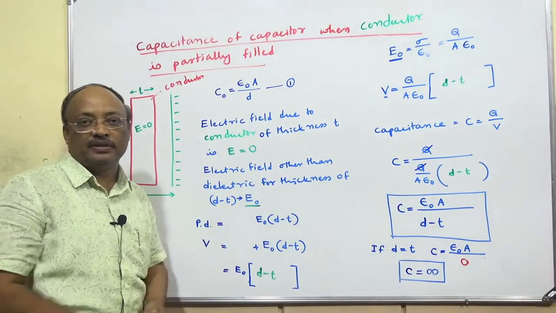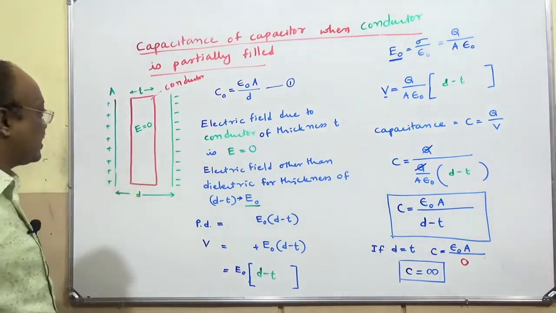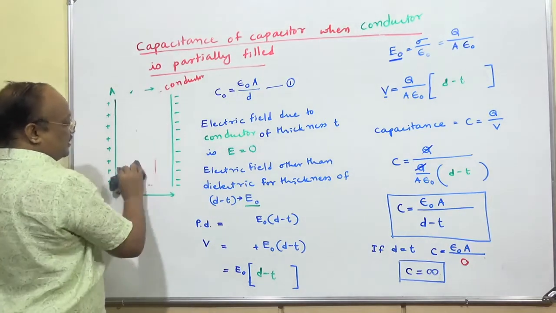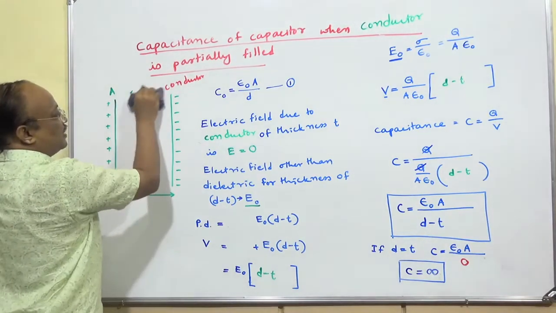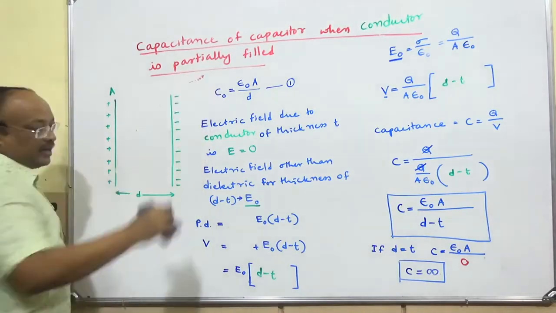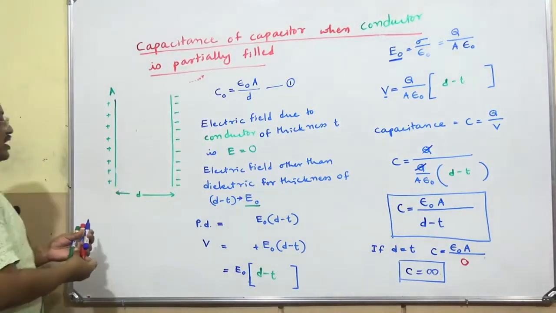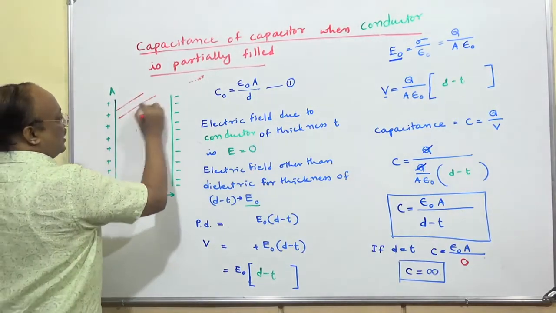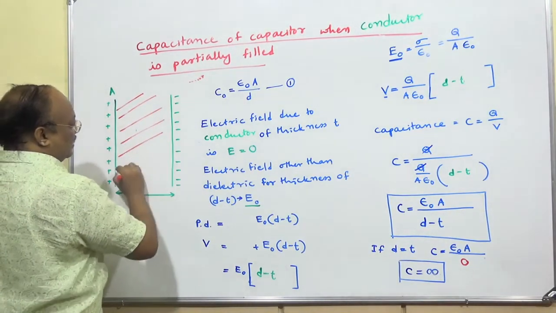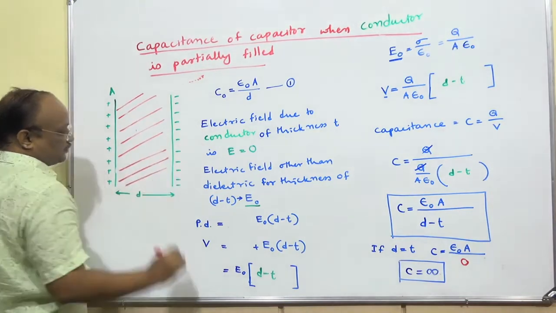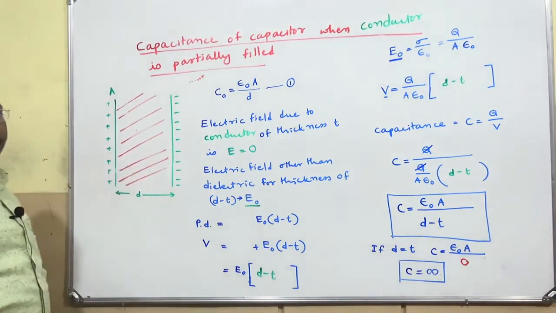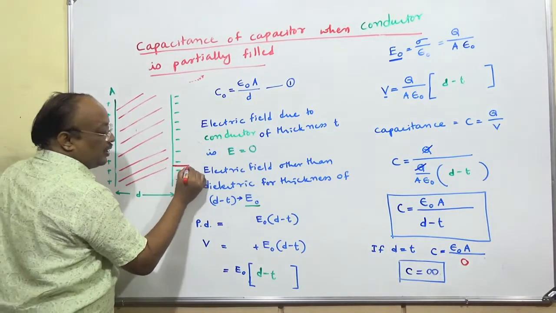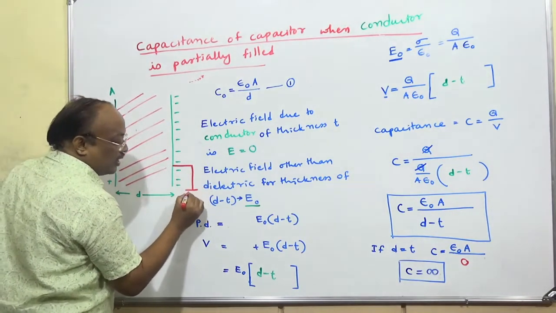What does it mean? I have taken that this conductor is completely filled. What happens if it is completely filled? This whole space is filled with a conductor, and this plate you have grounded already.